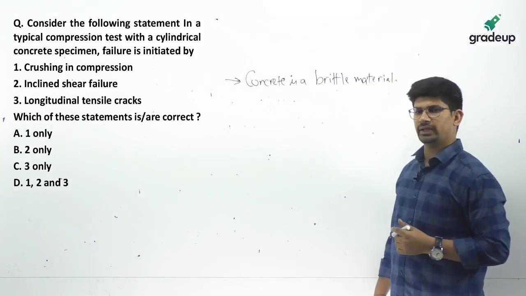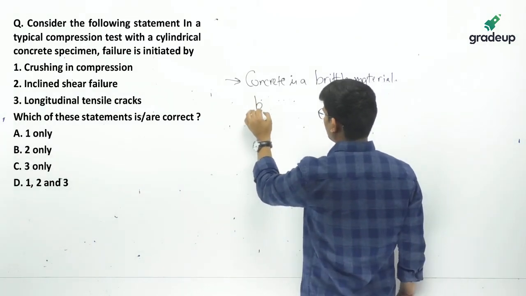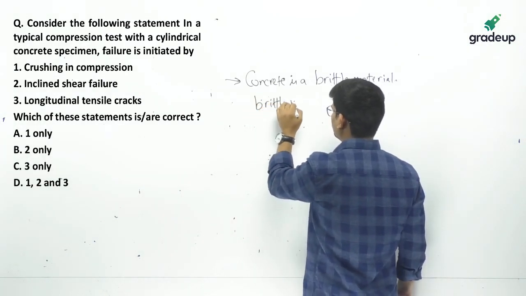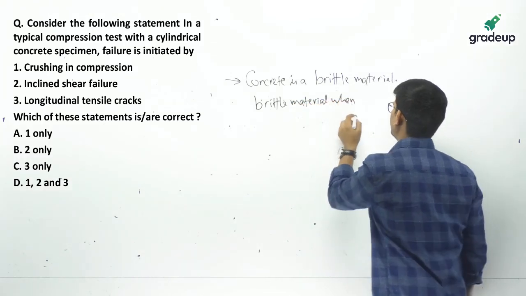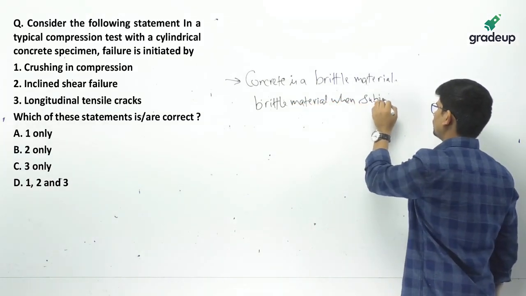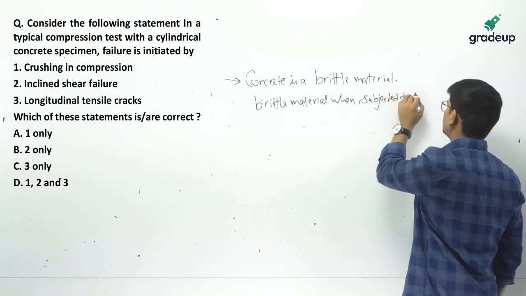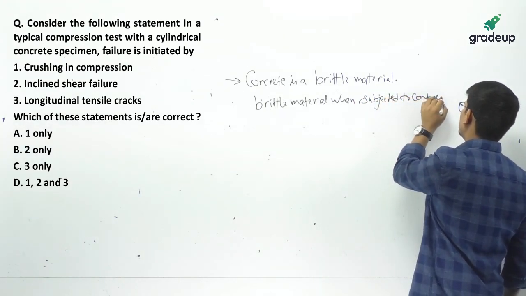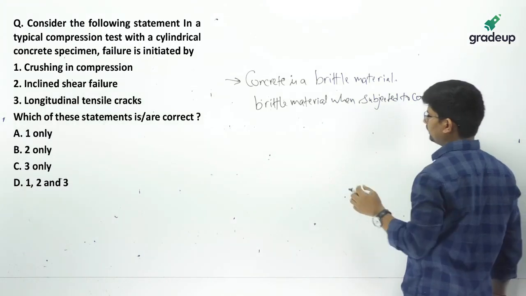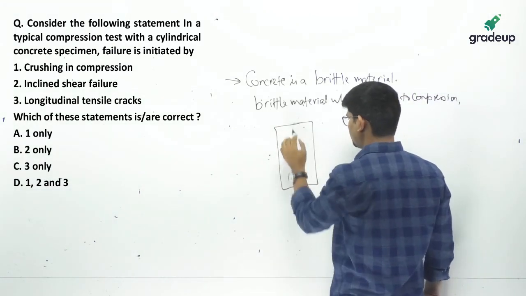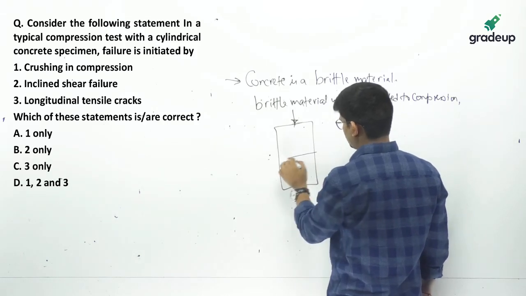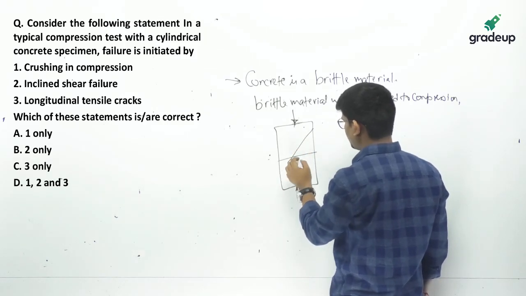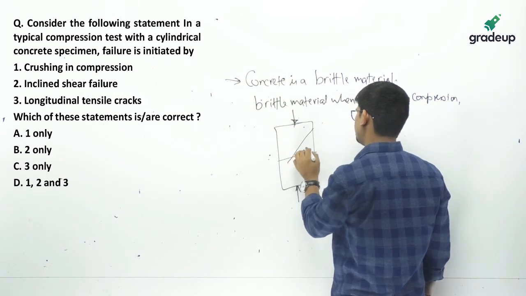So concrete is a brittle material, and we know brittle material when subjected to compression, if suppose this is a brittle material and it is subjected to compressive forces, the failure will be in the form of inclined, this is 45 degree.